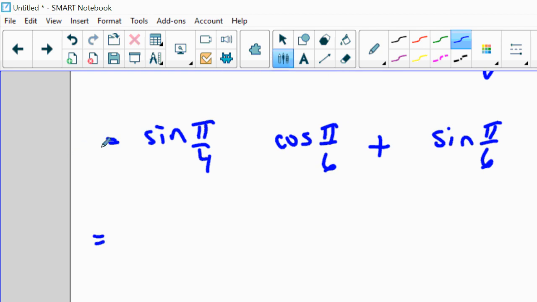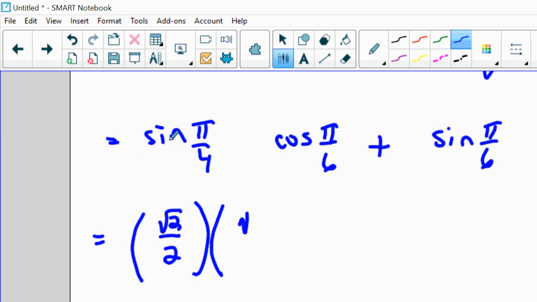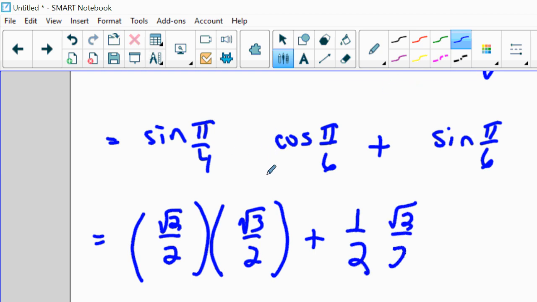And then you just look up your unit circle, sine the y-coordinate at 45. Cosine of 30 degrees is square root of 3 over 2, plus sine of 30 degrees is 1/2, and cosine of 45 degrees is square root of 2 over 2. And we get something very similar to the last answer, square root of 6 plus the square root of 2 all over 4. Once again, seems kind of hokey.